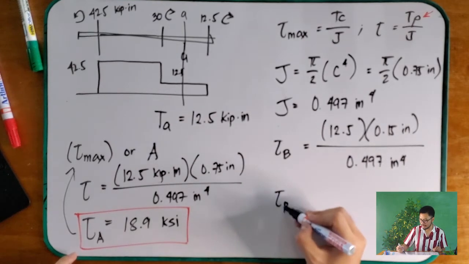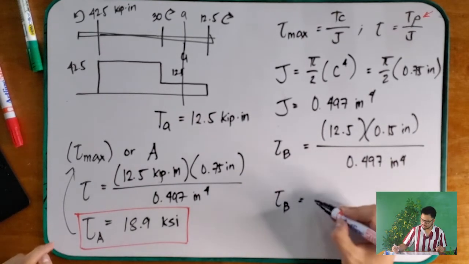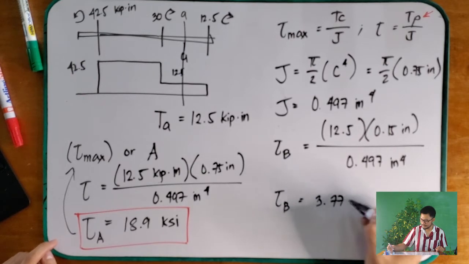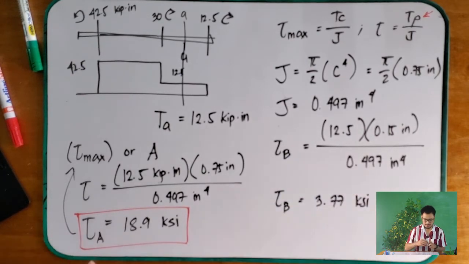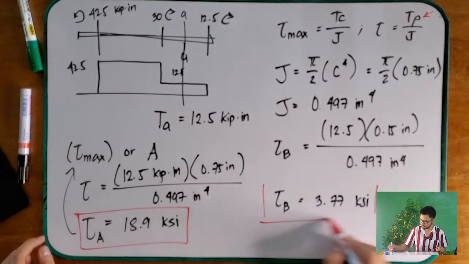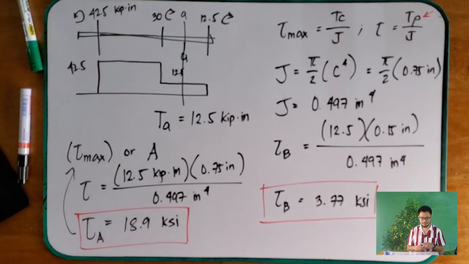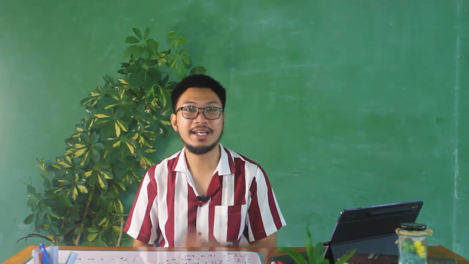So therefore your tau B is equal to 3.77 KSI. Okay? So that is how easy it is to solve that problem.